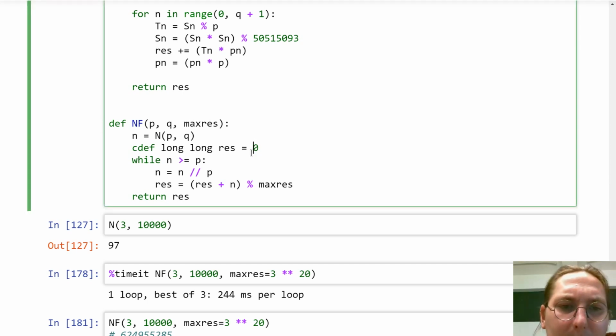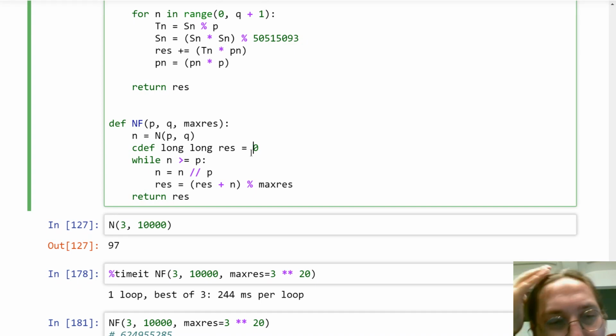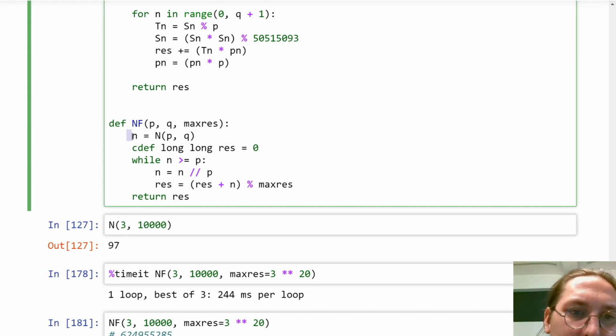But I think instead, if we think of n as being in base p, what is the log of n? That is kind of the question, I think.